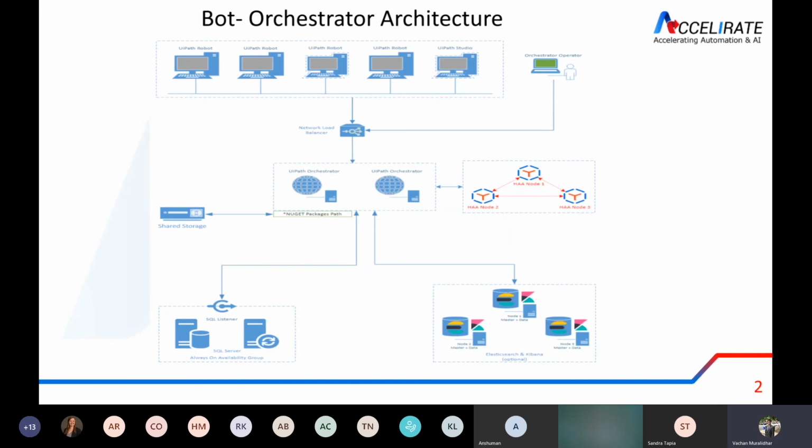In general, we can utilize Elasticsearch or Kibana. These are optional. There are many other platforms we can utilize, like Splunk. And the logs are logged in a SQL Server. All the orchestrator logs will be logged in the SQL Server. So this is the architecture.